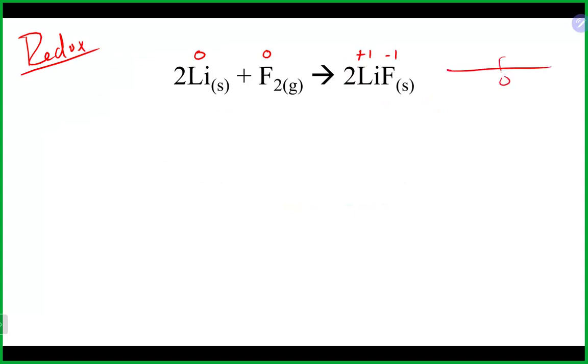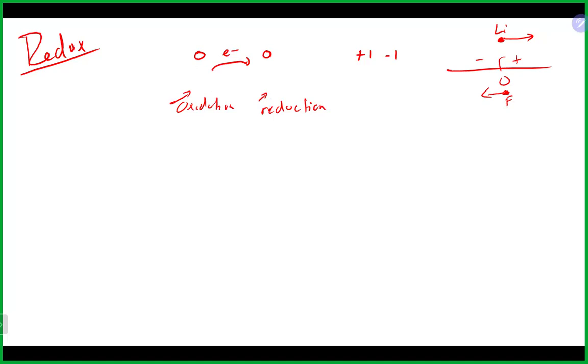Lithium starting at 0, ending at +1, becoming more positive, is going through oxidation. And fluorine here is going through reduction as it goes from 0 to -1, becoming more negative. So this is definitely a redox reaction where our metal is sending the electrons over to the fluorine in this case.